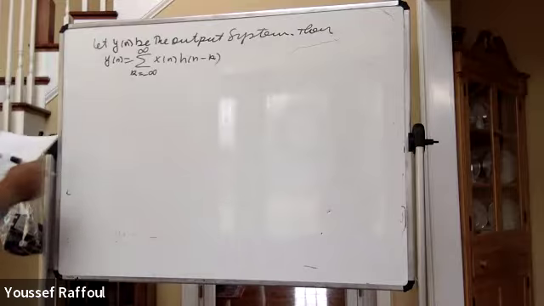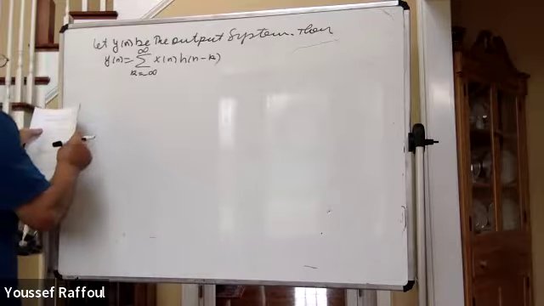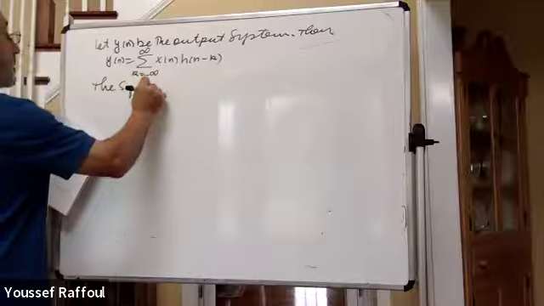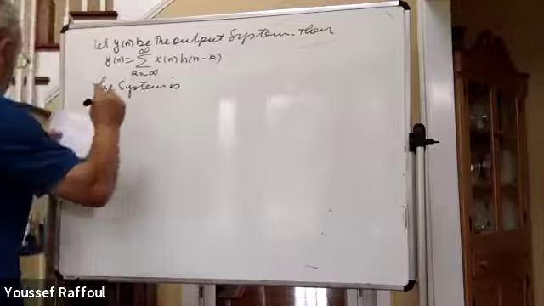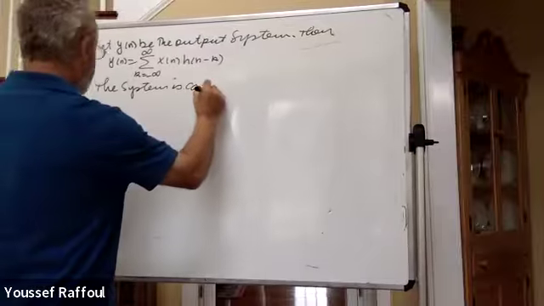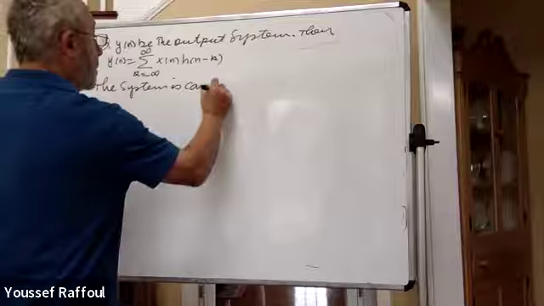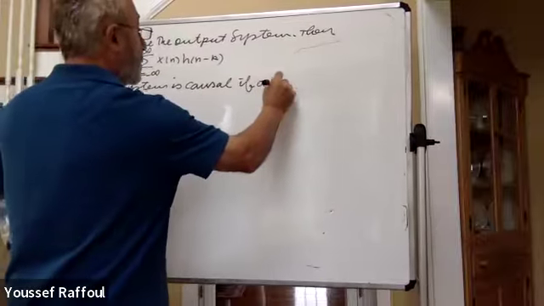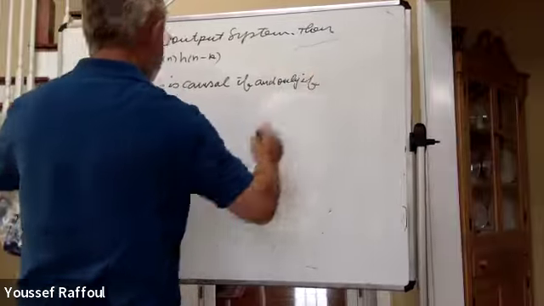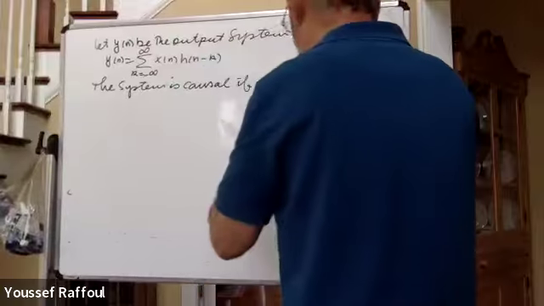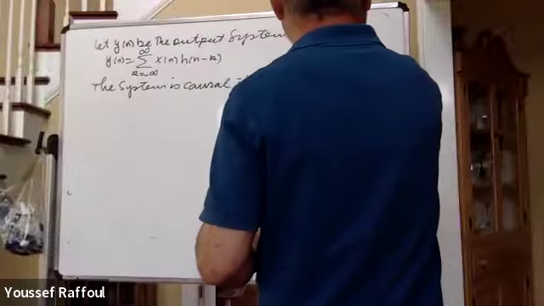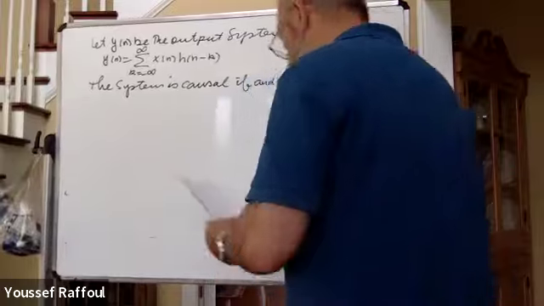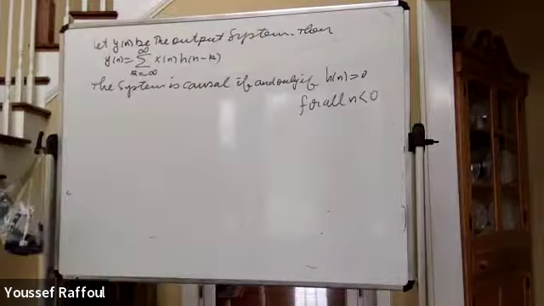Now then, the system is causal if and only if hn equals 0 for all n less than 0.